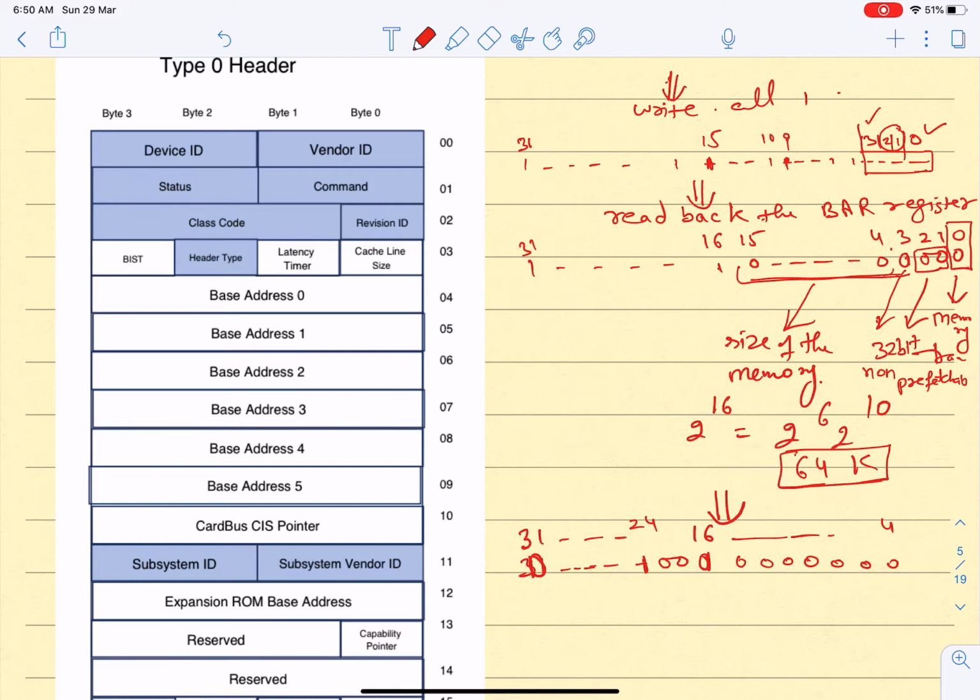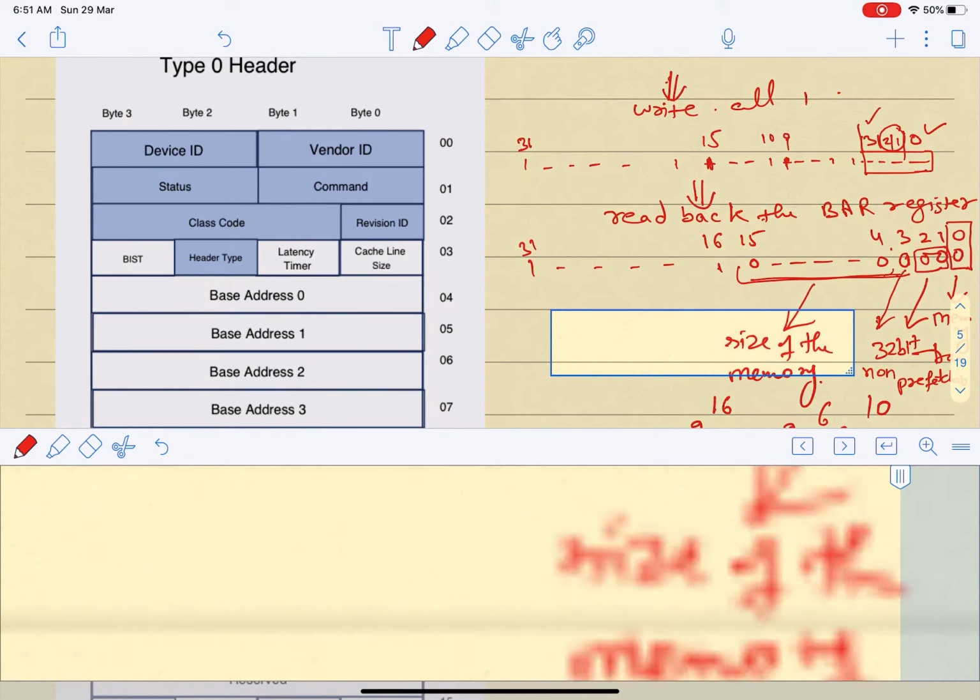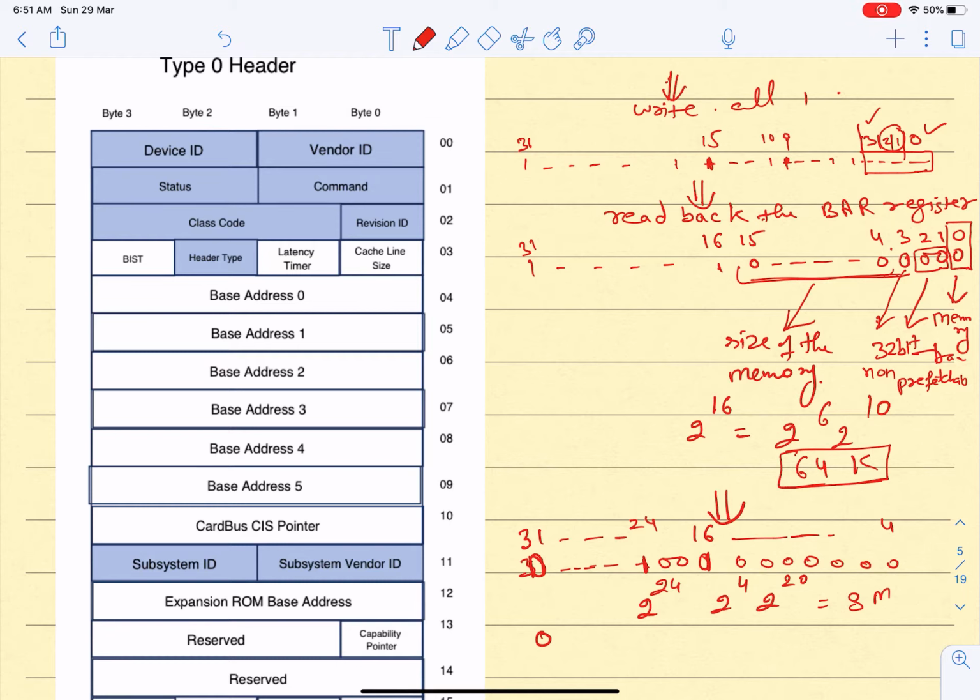So what does that mean is, if the 24th bit is 1, it will make 2 raised to power 24, and 2 raised to power 24 becomes 2 raised to power 4 and 2 raised to power 20, and it will make 16 megabytes. From here all these are 0. The 24th bit is 1, so the address starts at 16 megabytes.